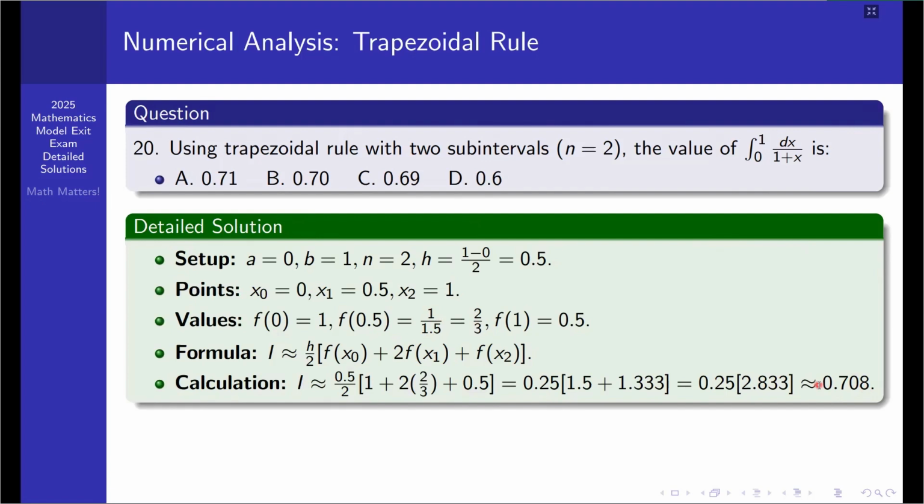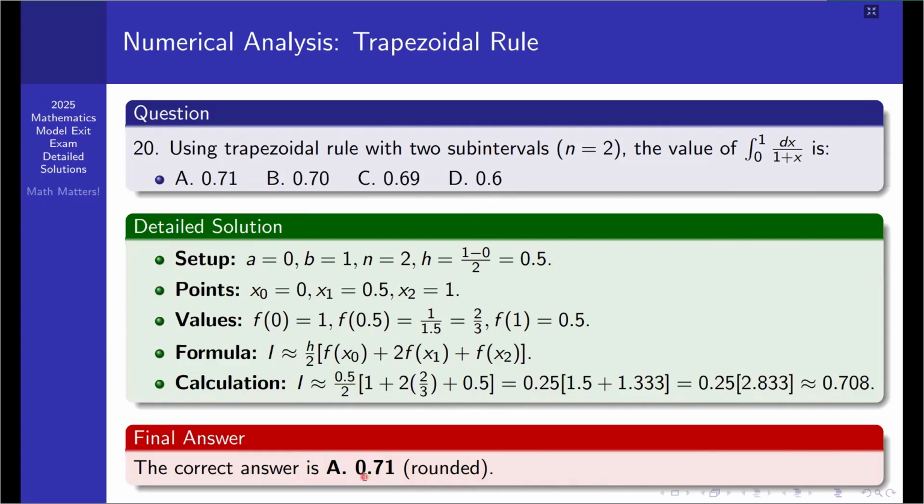So when we round this off to the nearest value, because the alternatives are given to two decimal places, it could be 0.71. That is, when this is rounded, we have approximately 0.71. Therefore, the best answer for this question would be A.